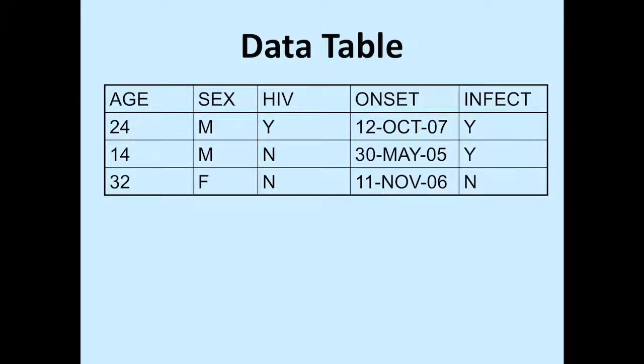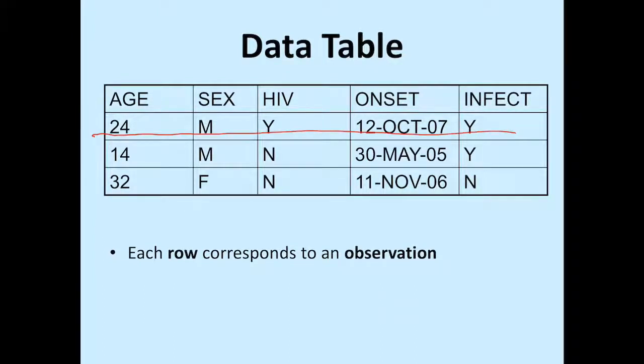When you collect that and put it into an Excel spreadsheet or SPSS or any other type of statistical software, it'll look something more like this, where each row corresponds to an observation. So here we have our rows. We have this individual who's age 24, male, HIV positive, yes, onset, so I believe the day that they tested positive, October 12th, 2007, and whether or not they are infected, yes, test result back, yes.